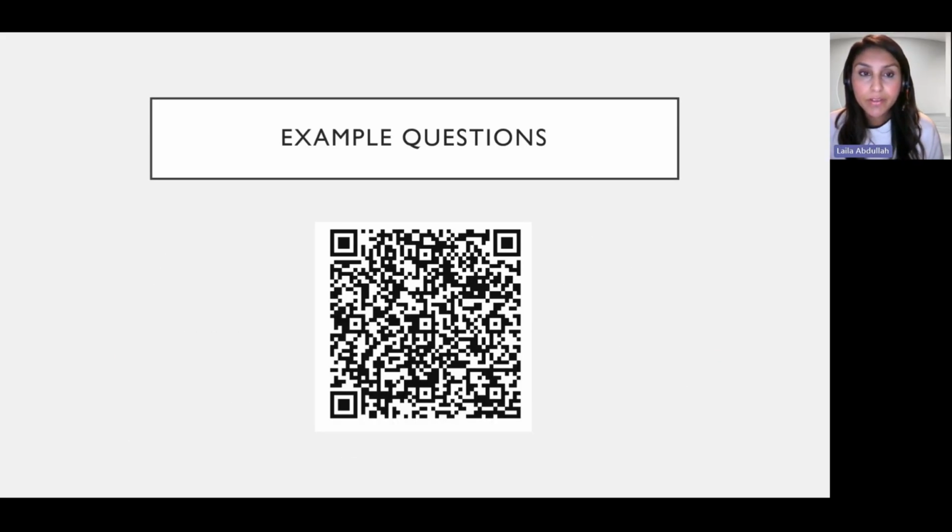This is a QR code to some example questions that myself and a colleague, Dr. Adam Shepherd, have written. And in these questions, we've tried to represent diverse patient groups. What we've tried to do is to incorporate protected characteristics and diversity within patients, particularly in marginalized patient groups.